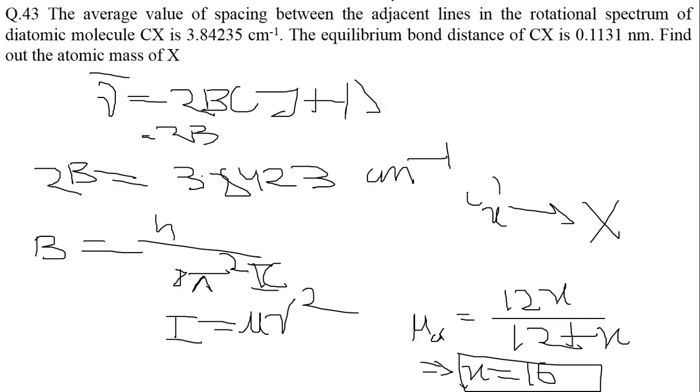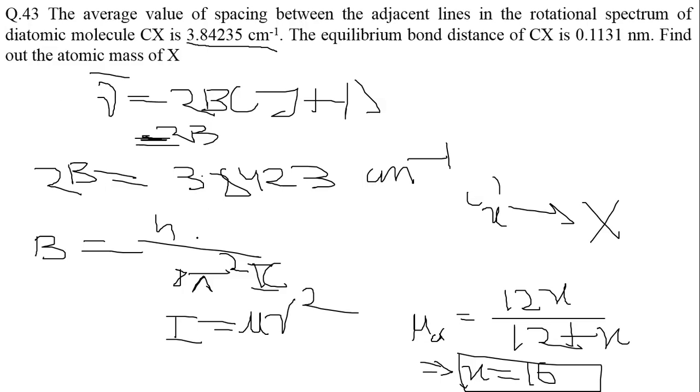So in this way you can calculate the atomic mass, because the only trick here is to understand that 3.84235 centimeter inverse is equal to 2B, because the spacing between two adjoining lines is 2B, as the lines are spaced like 2B, 4B, 6B, like that. So the separation is 2B only.